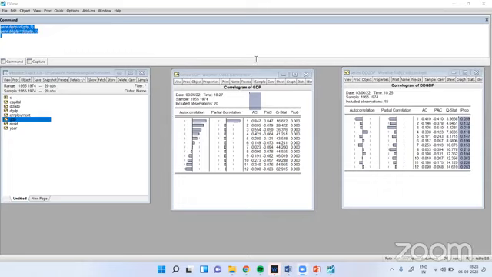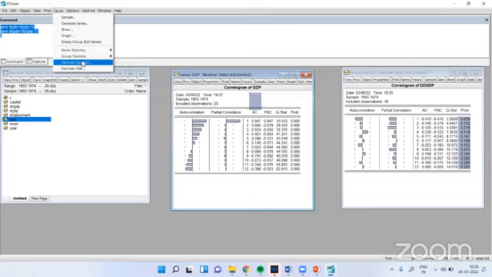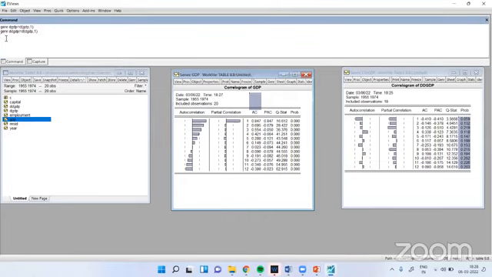Now we have to give an equation to this model. There are some methods which we will have to understand. You can either go from Quick, Estimate Equation, or you can write the command here. Remember that whenever you write the command from here, you require the command line.